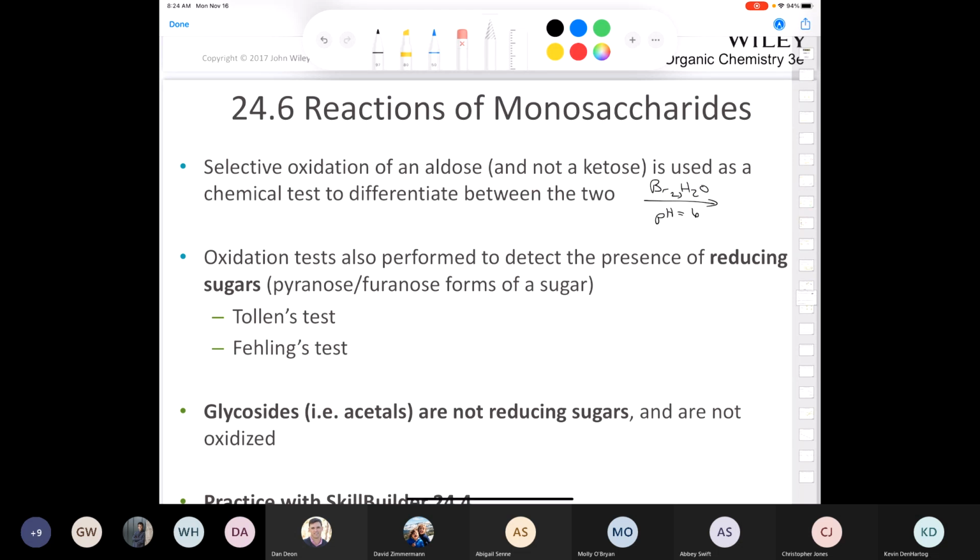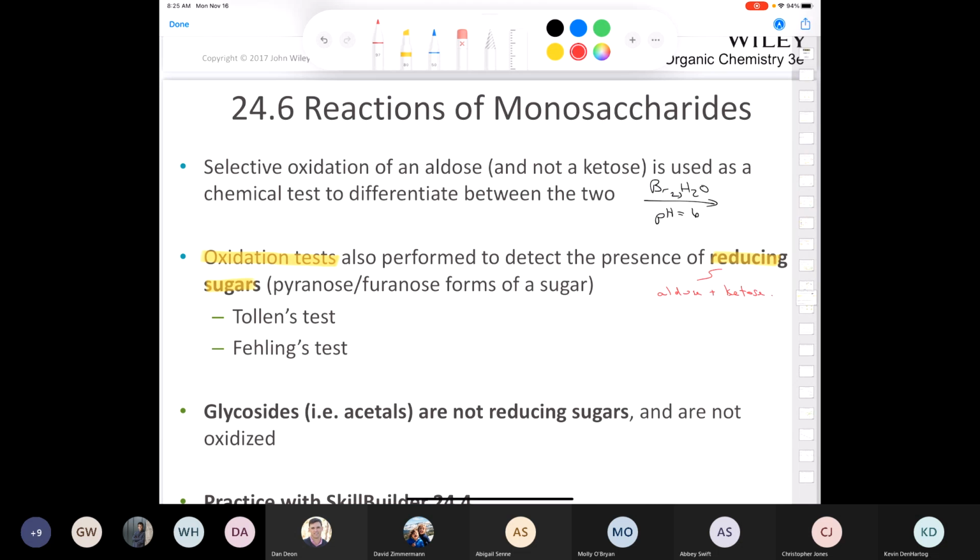There are other tests, and you might want to read this in the textbook very carefully. Oxidation tests are also performed to detect the presence of a reducing sugar, whether it's in the pyranose or furanose form. Going back to the last lecture, an aldose or a ketose can be a reducing sugar.